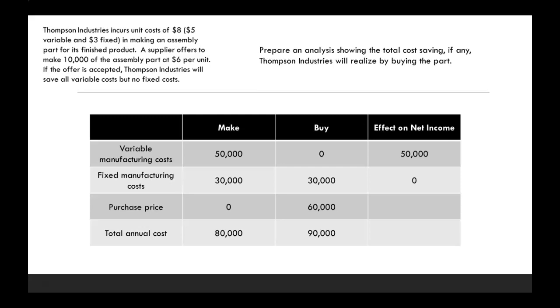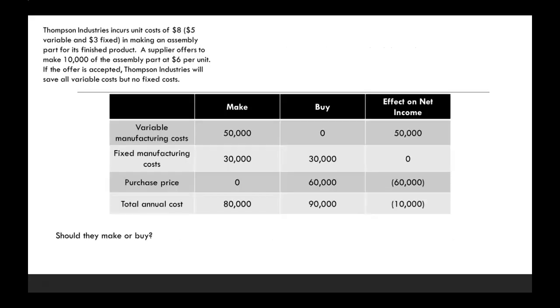Fixed manufacturing costs, there were no difference, right? We are spending 30,000 no matter what. Purchase price, well, we had more costs if we were to buy it, right? So that would decrease your net income. So overall, there would be a decrease in your net income of $10,000.